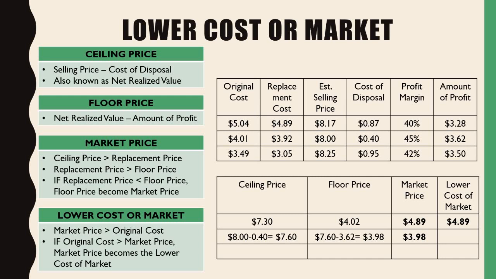Yes, market price, because here the ceiling is obviously the most expensive. And then between the floor and the replacement cost, the floor is at $3.98, while your replacement is $3.92. So in this case, the one that's going to be in the middle is the $3.98.